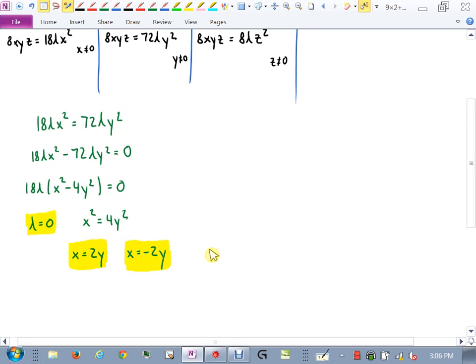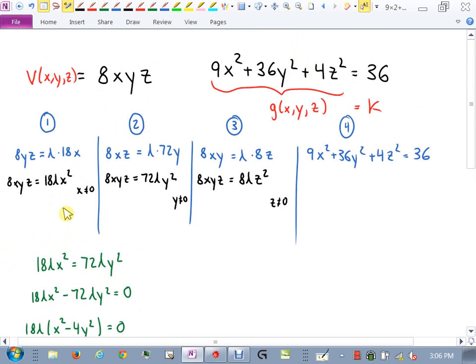Now, when we do this, we can start throwing out some of these things right away. What if lambda is 0? Let's just consider this for a second. If lambda is 0, what would that tell us? That right there would have to be 0, right?